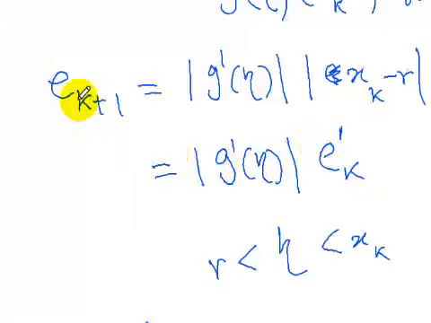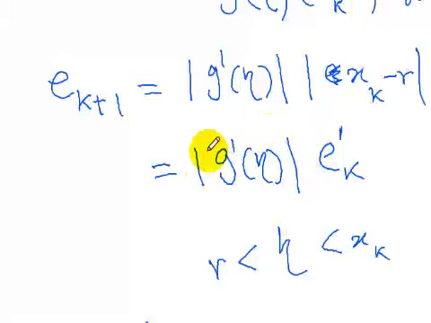So we know that the fixed point iterative method converges linearly if this value is bounded, less than 1, right?